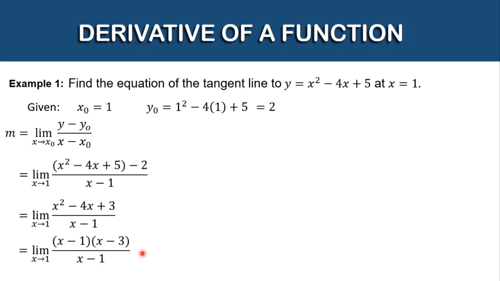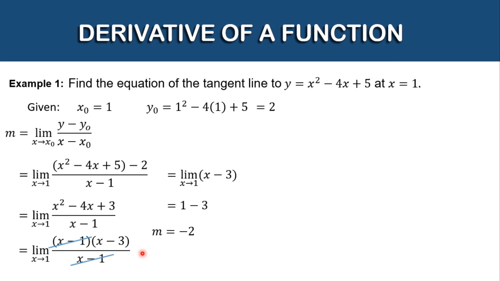Then from here, we can cancel x minus 1 in the numerator and x minus 1 in the denominator. So the remaining part is the limit of the quantity x minus 3 as x approaches 1. And by evaluating the limit, we are going to have 1 minus 3, and this is equivalent to negative 2. And this is our slope.